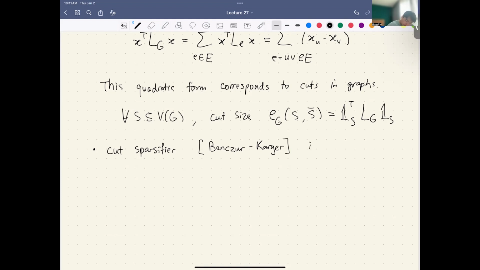It is a sparse graph that approximates the original graph G in terms of cuts.